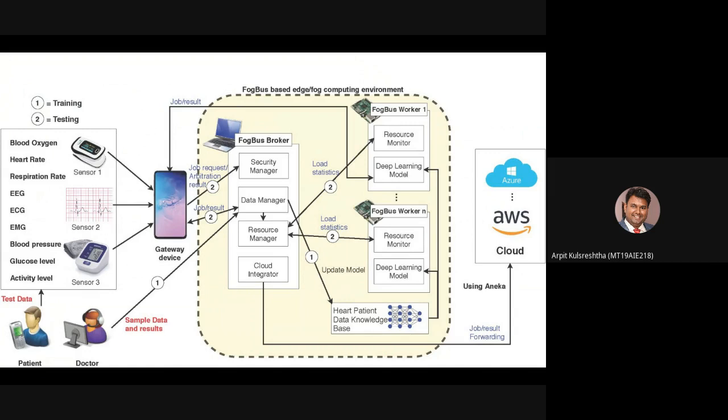The heart patient data knowledge base will be regularly updated with the help of deep learning models. And here there's a focus worker that continuously communicates with the results and keeps learning through this continuously learning deep model, and then it informs the data manager focus broker. It also uses a cloud architecture with the help of Aneka.